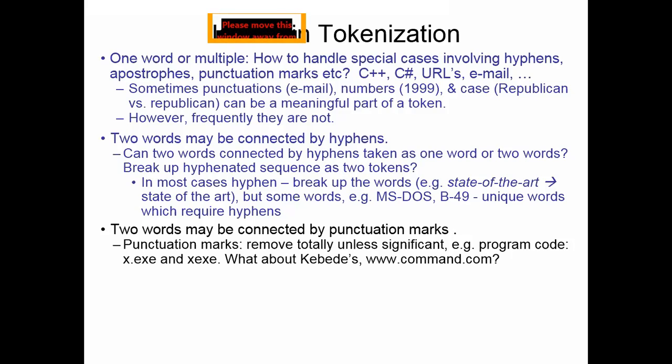So what kind of convention do we have to follow? We have to define it before starting tokenization. When we are writing domain names, www.command.com, how we are writing an executable file, x.exe. Can we use it by removing .exe? Position indicators like Kabbada's.